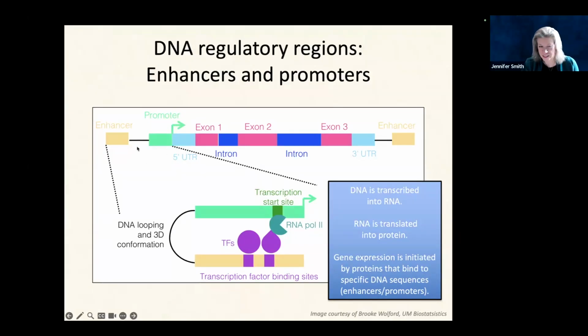And then other places in the genome can be what we call enhancers. The enhancer can actually loop around and touch the promoter. So sometimes the enhancer is on the same strand of DNA, but farther away, and it just forms this loop and comes back around. And it also has transcription factors that work together with the ones that are touching the promoter, and that even enhances and says, yeah, you've got to transcribe this gene even more, right?